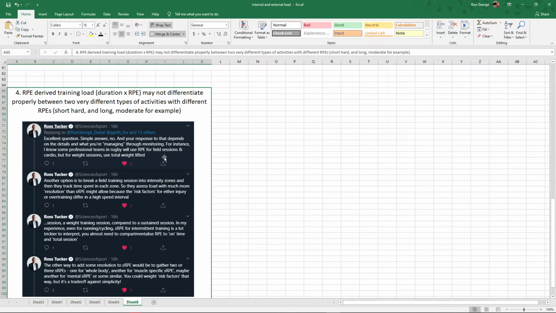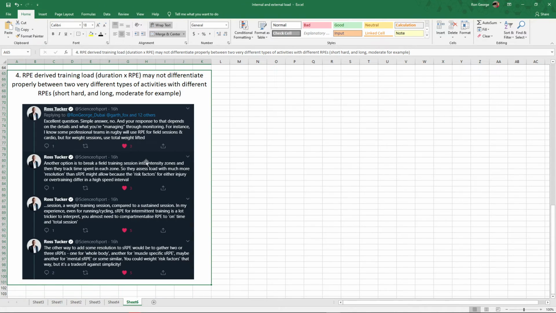So if you're doing different activities, for example, if you're a triathlete lifting weights and also running and also cycling, you might want to associate the RPE with the specifics of the activity, and maybe not so much an average effort. It's associated with what's going on in that session.